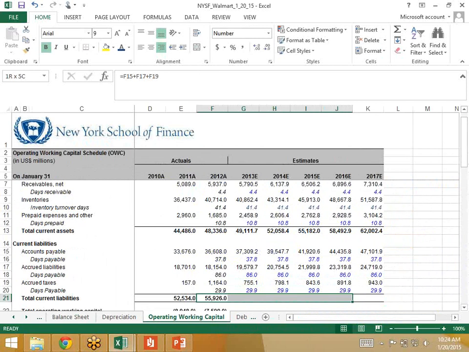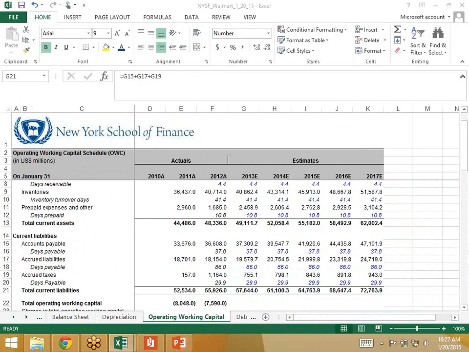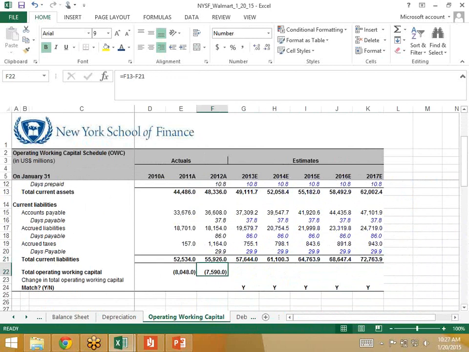Take a few minutes, copy the total. Okay, so I'm going to copy to the right this total operating capital line, which shows it continuing to be more and more negative, and that makes sense because we're using the same amount of days.